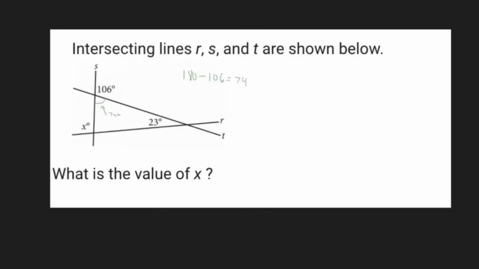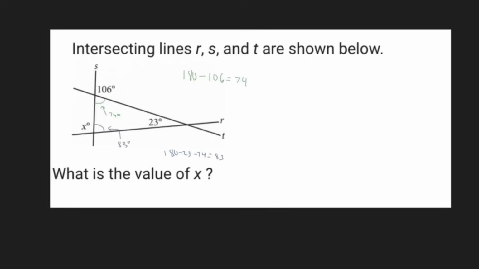And now we have two angle measures of a triangle, and so we can find the missing angle measure, this angle right here at the bottom. So we just do 180 minus 23 minus 74, and we get a value of 83. Because this angle is 83 degrees, we can also use supplementary angles again to find the value of X. Why?